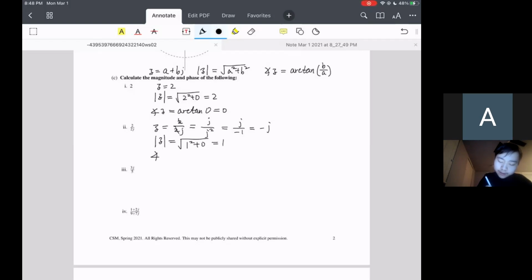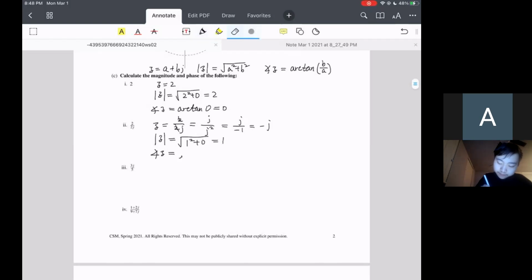And the angle or the phase of this complex number is just arctangent of negative 1. Oh, we have an issue, right? Because we're trying to divide negative 1 by 0, right? In this scenario, it would just be better if we try to draw out the complex number and the coordinates, right? So this is the real part and this is the imaginary part.